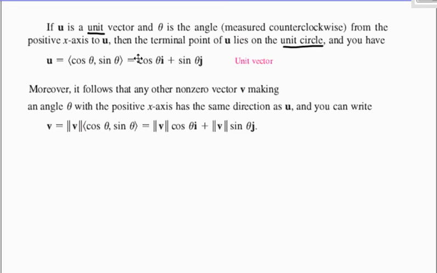Look at that. Cosine goes with x, sine goes with y. Right? Moreover, it follows that any non-zero vector v making an angle theta with the positive x-axis has the same direction as u, you can write the magnitude of the vector times cosine of theta, sine of theta. That would give you the component form. Or if you want to write it with the i's and j's, you write it like that. All right, let's give this a shot.